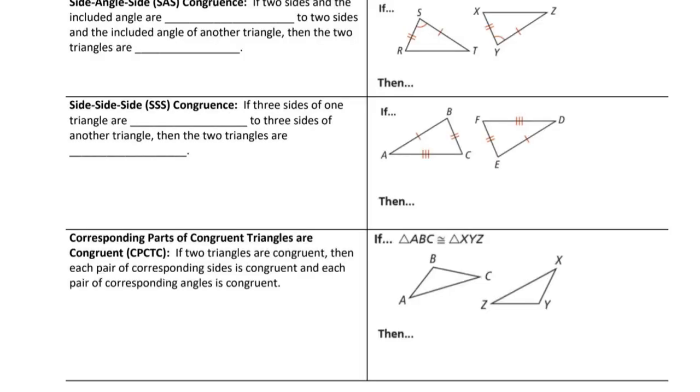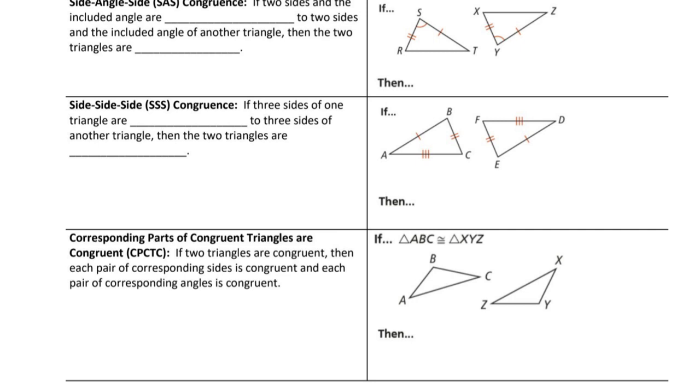All right. So now we're going to go through three types of theorems that allow us to prove that we have congruent triangles. The first one is called side angle side, and SAS is how we abbreviate it. You'll see SAS, SSS, rather than side angle side, but when you think of SAS, just think of side angle side.